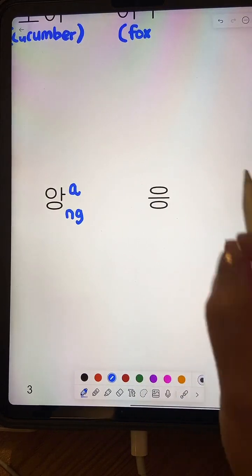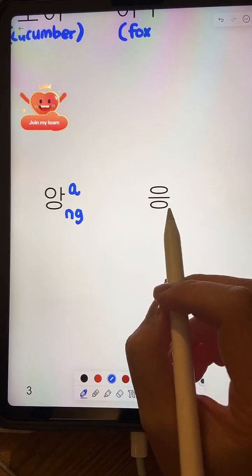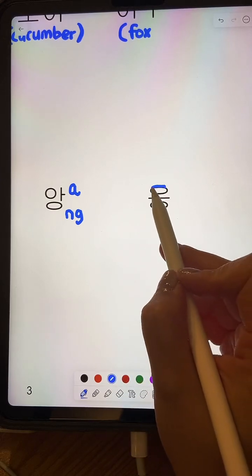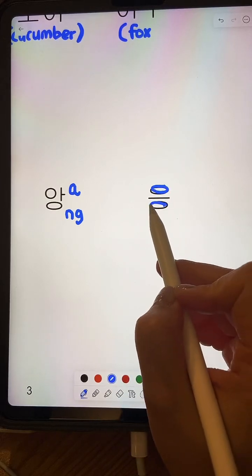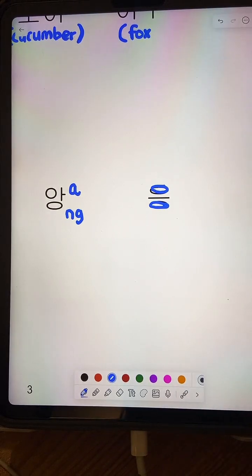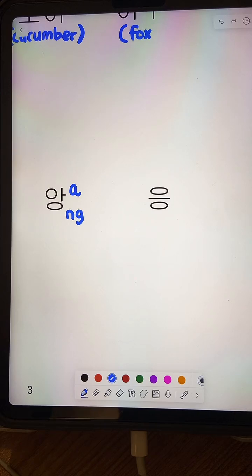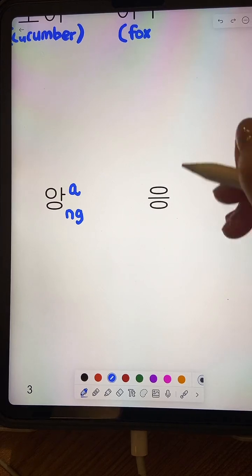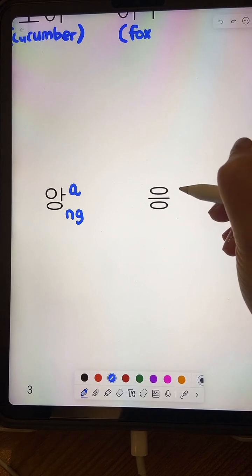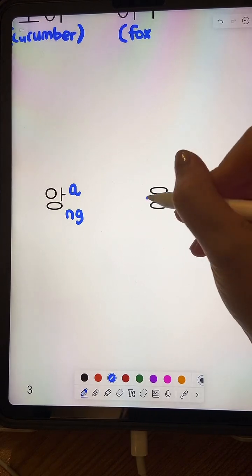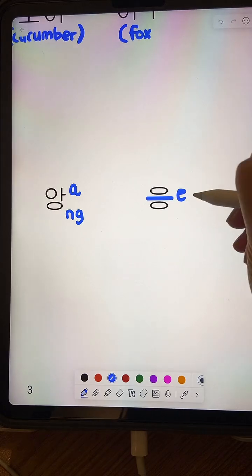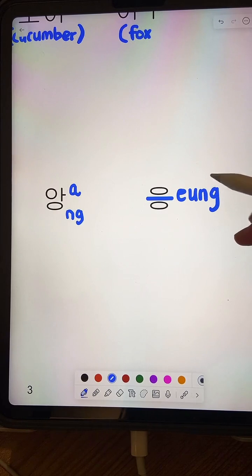Okay, and the last one. Doesn't it look kind of funny? It has iung at the top and iung at the bottom. What do you think the sound is? The syllable. Good job. And the only way we can spell out this vowel, I know, you know it's tricky, right? But don't say like yung.